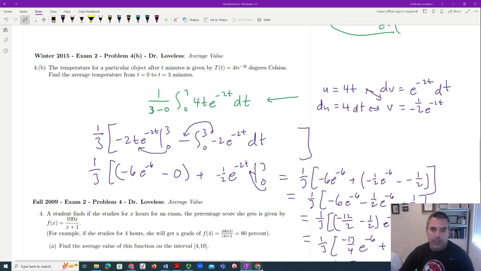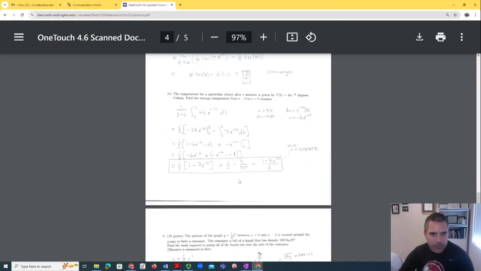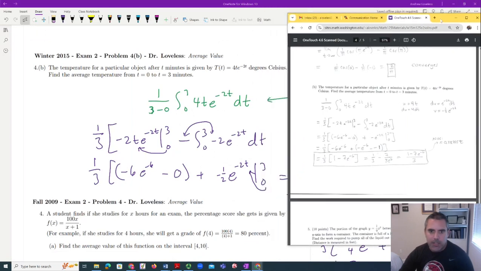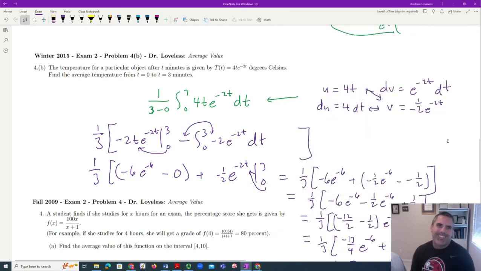Ooh, I don't see it. Let's look here. Negative 2. Let's do a little side by side. Usually I can spot it, but this all looks the same. Yes. Next line. Yes. No, I see it now.